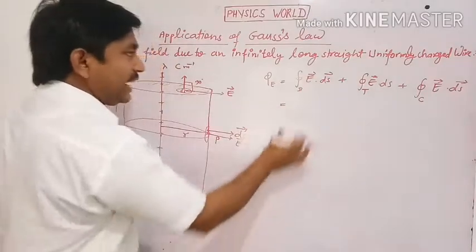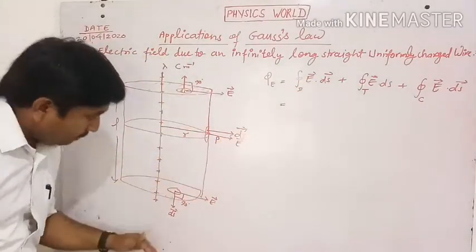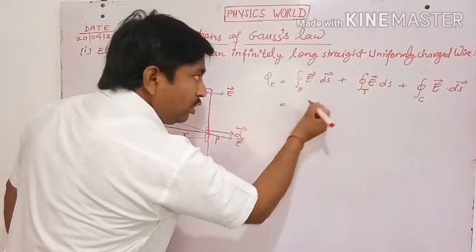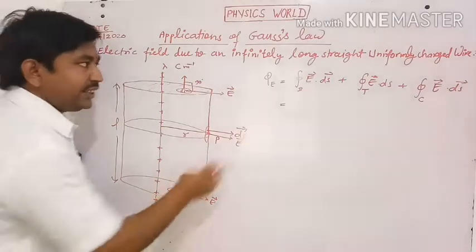Now we see that the total electric flux passing through the bottom surface is equal to 0, because the angle between E and ds is 90 degrees.